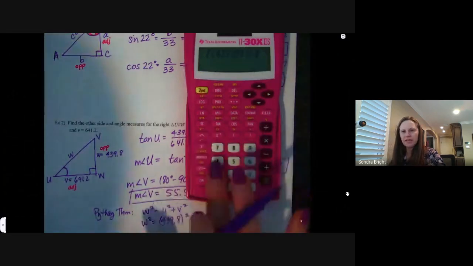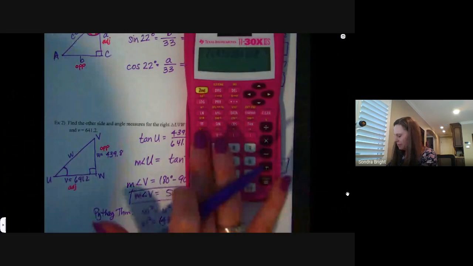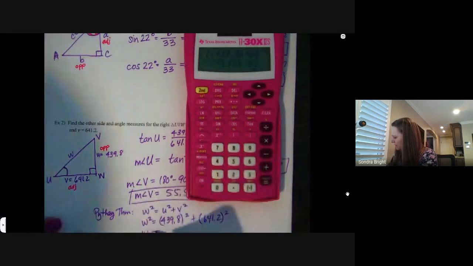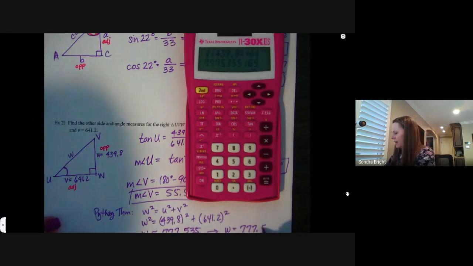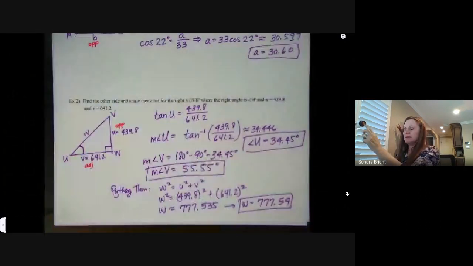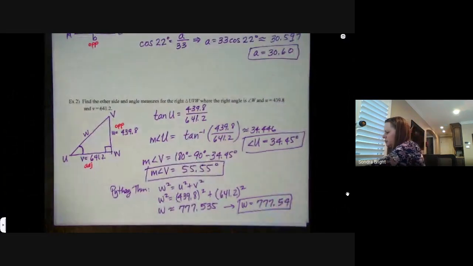And I took the square root of it, and so you'll get W is about 777.535, which means I'll say that W is 777.54, rounding to 2 decimal places. No degrees on that one because that was a side length. It wasn't an angle. There you go. All right. Go to the next page.